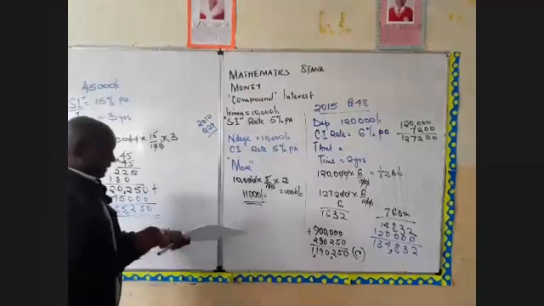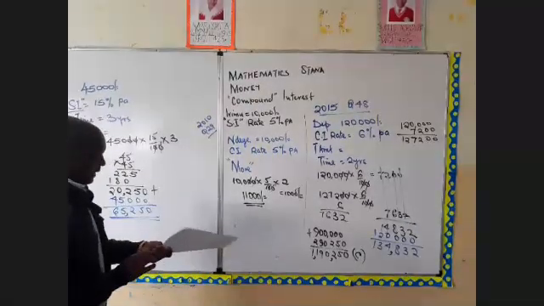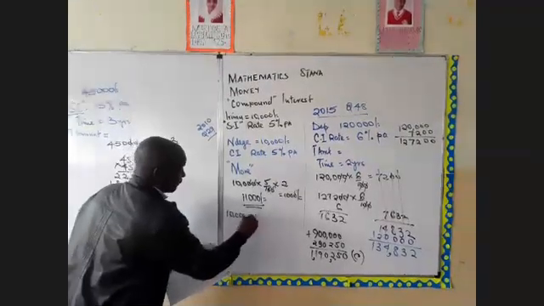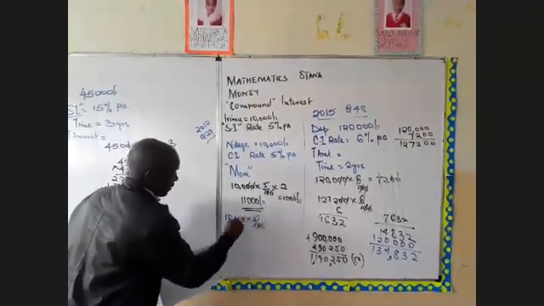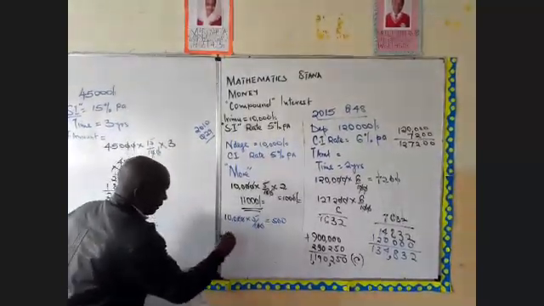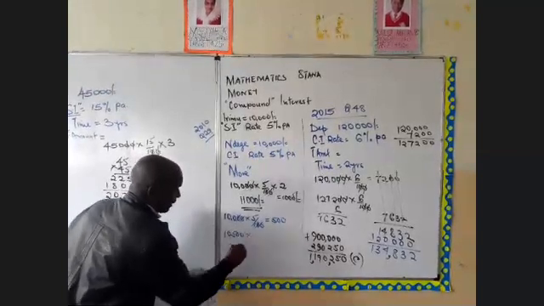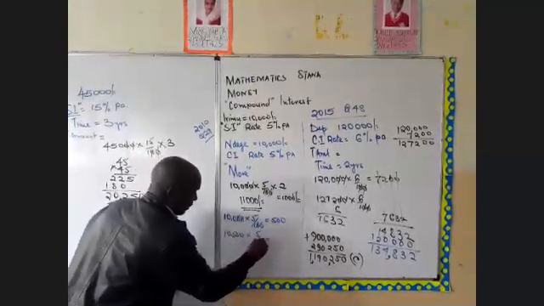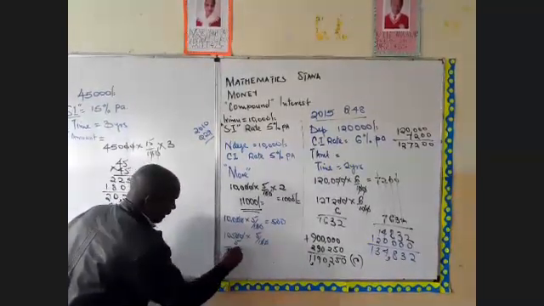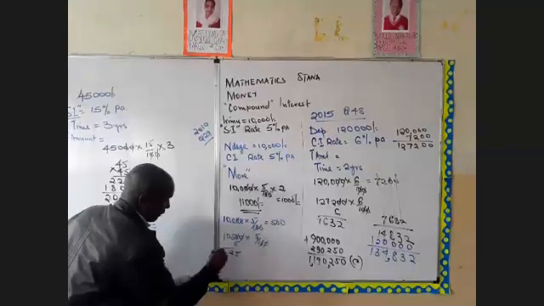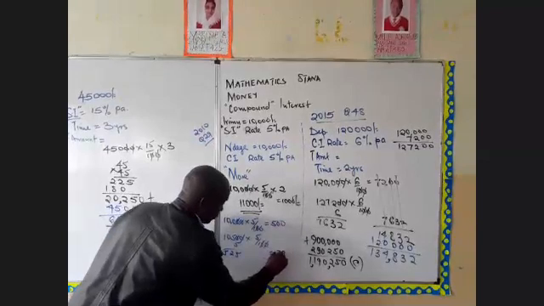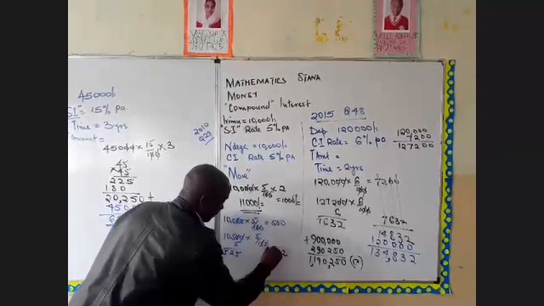Let's look at Ndege. Hers is accumulated every year. Year 1, 10,000, rate 5%. She earned interest of 500. Year 2, 10,500, the new principal. Rate 5%. I'm multiplying by 5. That's 25, and 25 plus 5, 525 shillings.